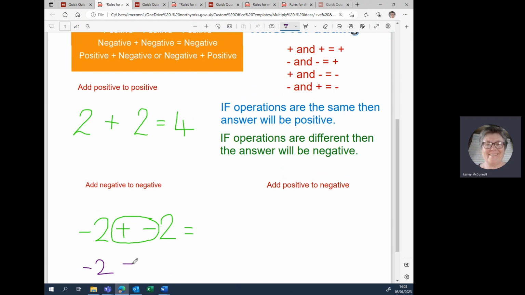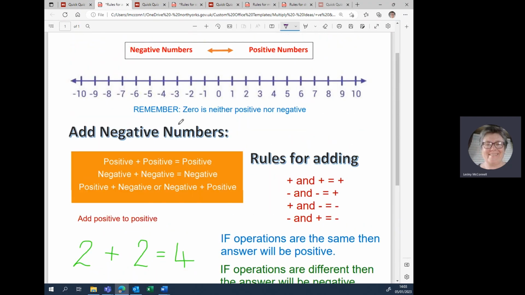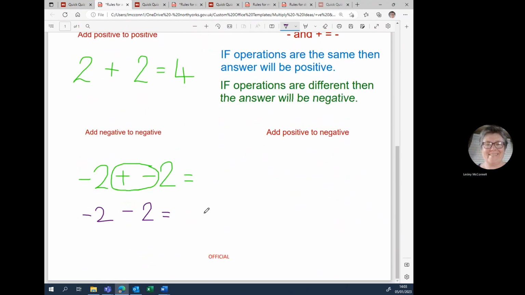So we need to put a minus in here. So -2 minus 2. If we look at the number line, we're starting with a -2. We're taking 2 away, and that'll give us an answer of -4. And there's the -4.